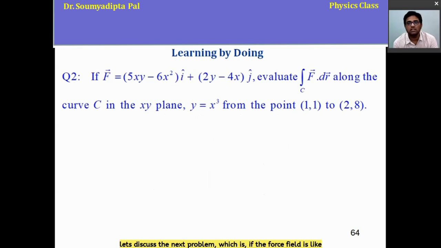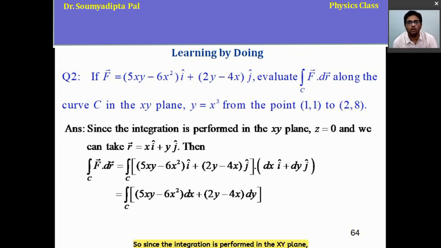Now let's discuss the next problem, which is: if the force field is like this, then we have to evaluate the line integral, or work done, along the curve y equals x cube from the point (1, 1) to (2, 8). Since the integration is performed in the xy plane, or we can say the curve y equals x cube is situated on the xy plane, z will be 0, and we take the r vector as x i cap plus y j cap.